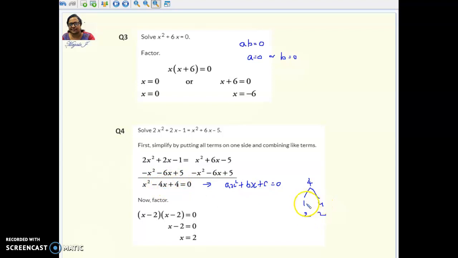The sum of 1 and 4 is 5, whereas the sum of 2 and 2 is 4, and we have 4, therefore this is the right one. Now write it down in this way. That's what is written here, I don't have to write it again. You have these two terms, 2 and 2, and because both are equal and the negative sign is there, both will have the same negative sign. Therefore, here you get x equal to 2, and here also you get x equal to 2. Therefore, the only answer you get is x equal to 2. That's it. We go to the next problem.